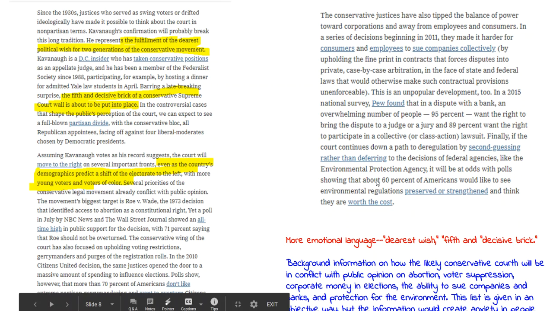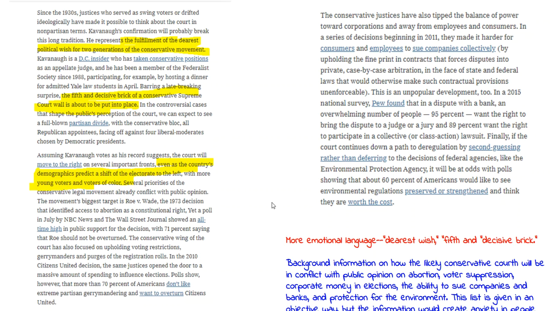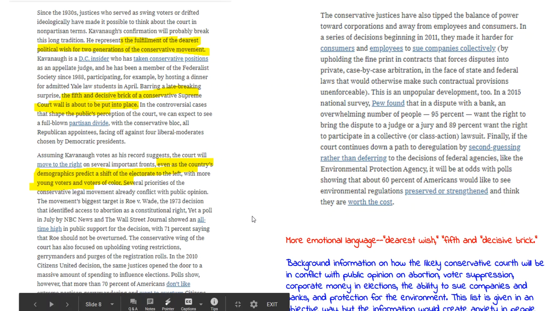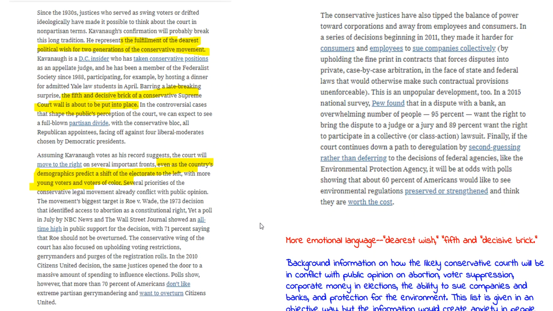Here, more context where she is establishing that the majority of Americans will be holding different opinions from the Supreme Court conservative majority. The majority of Americans approve of Roe v. Wade. The majority of Americans don't really like Citizens United. The majority of Americans want the ability to sue a big corporation or a bank.